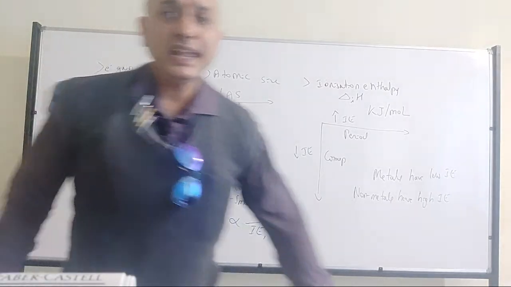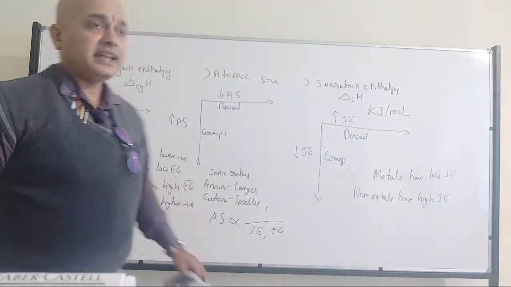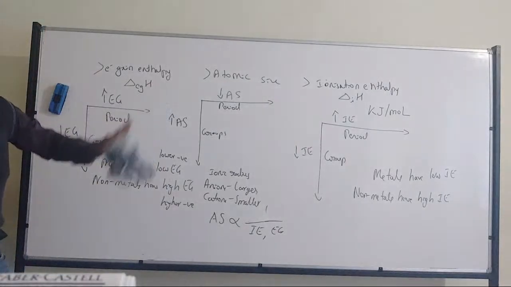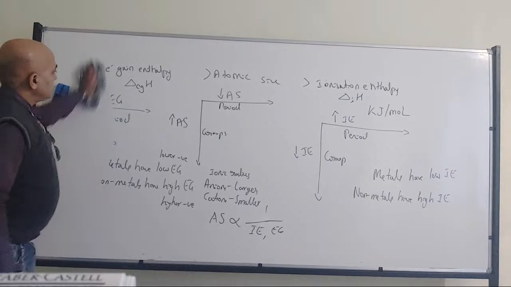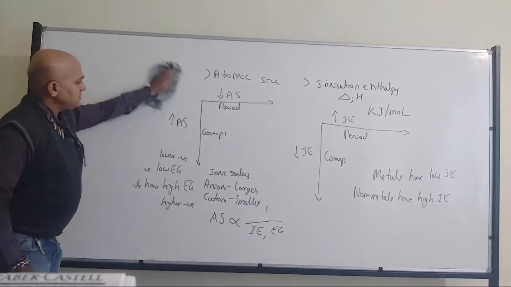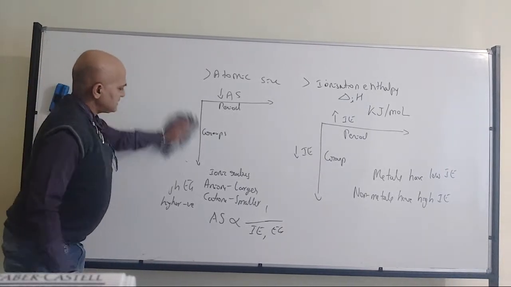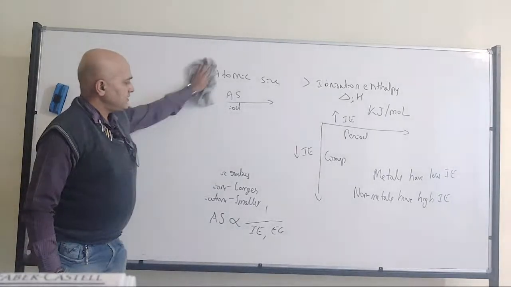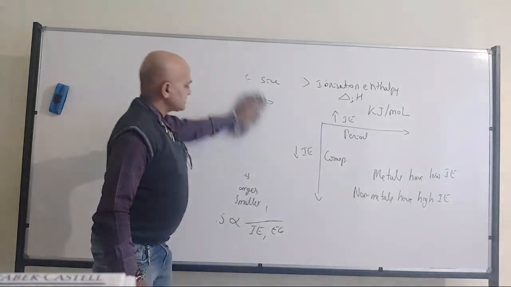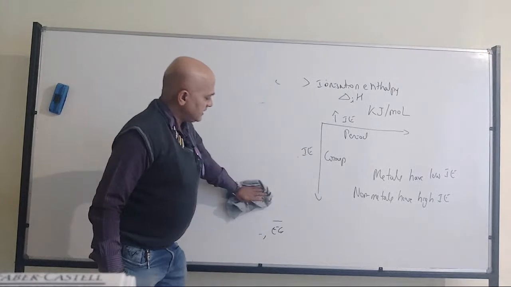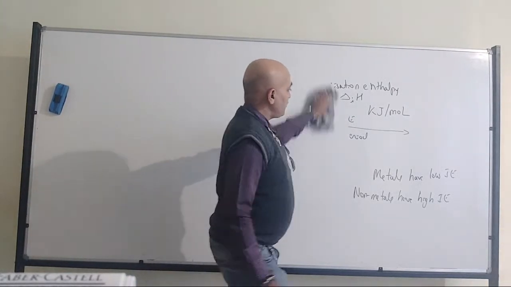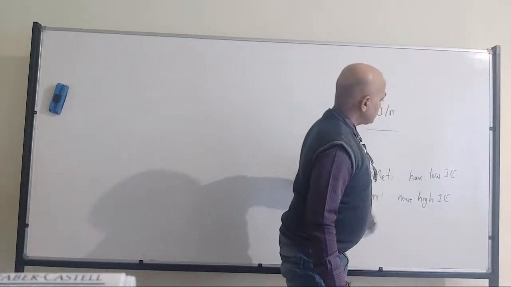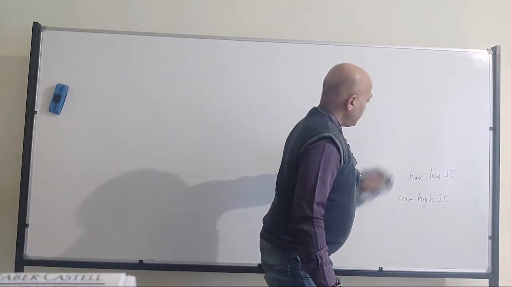All of you agree? And even the electron gain enthalpy unit is the same, kilojoules per mole. Okay? Any doubts? But there are some exceptional cases for these properties. That's what we have discussed, nitrogen, oxygen. Ionization enthalpy should have been less for nitrogen compared to oxygen, but that is not happening.